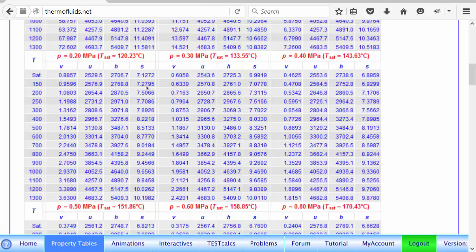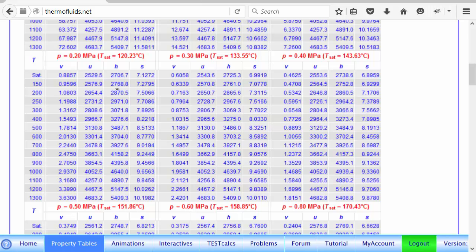If somebody asks what is exactly the temperature or enthalpy, we're just going to eyeball it, because we'll see that even eyeballing will get a pretty good answer. 7.369 is our entropy we're looking for, which is in between these two. Let's just take an average.